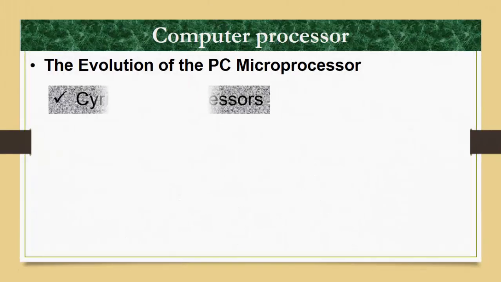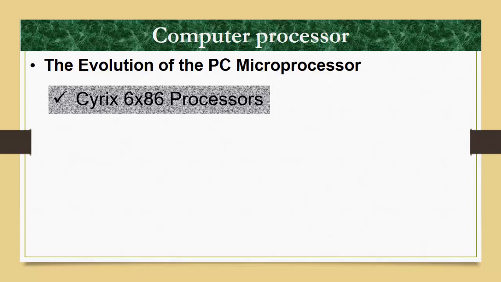Okay, students, let's go ahead. The next one is the Cyrix 6X86 processor. Cyrix, which is now VIA, produced a family of Pentium clone processors that were designed as the 6X86P series.